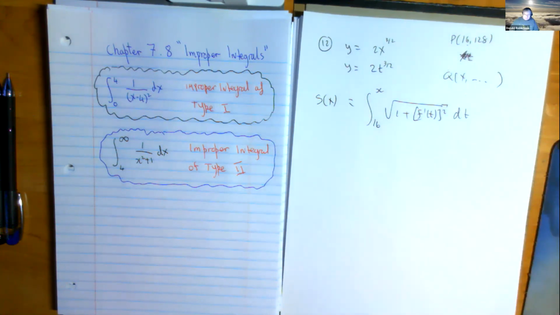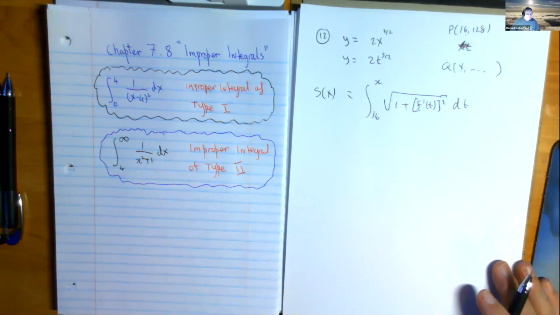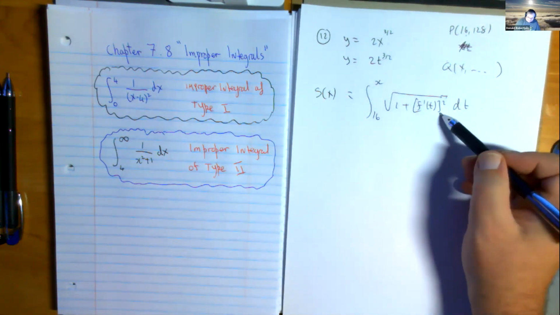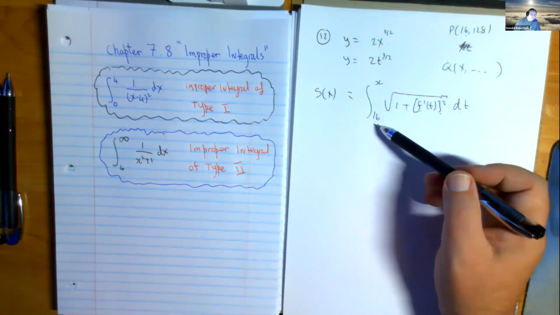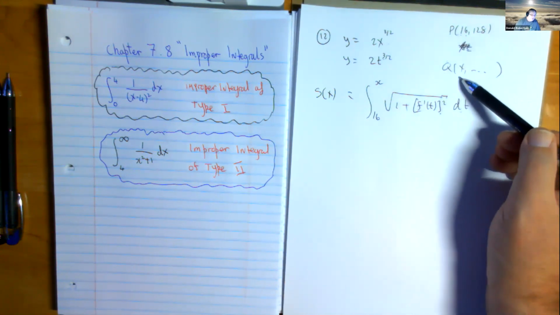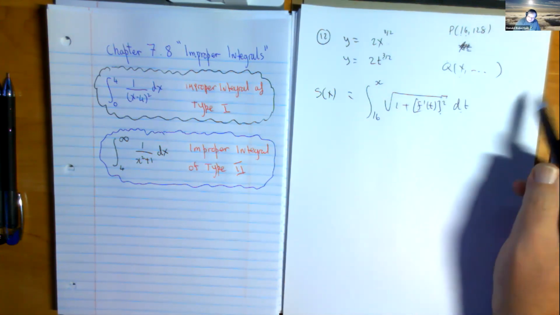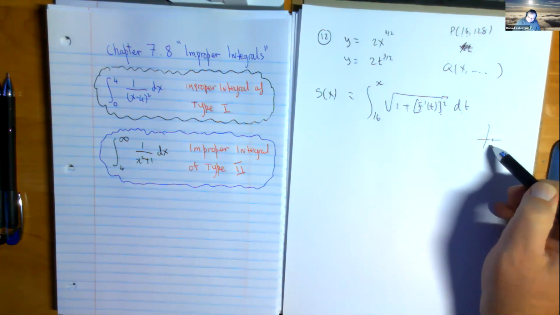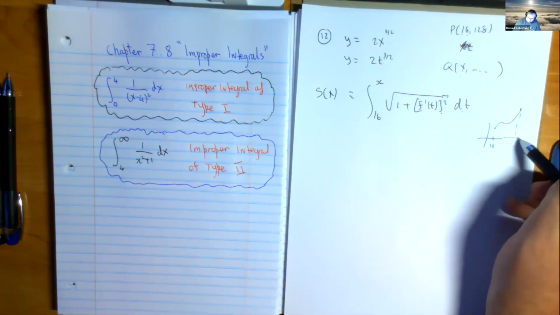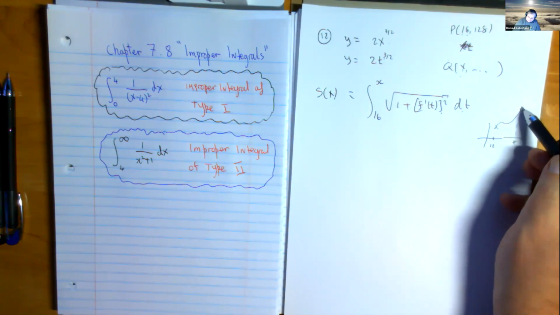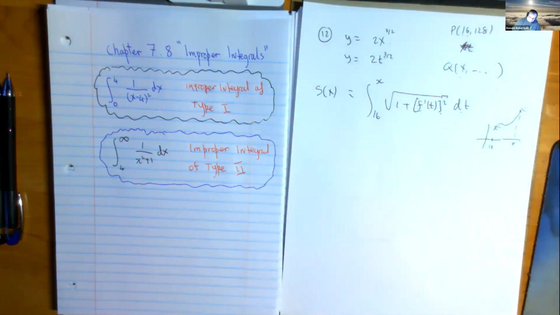That's basically it. So it's the same arc length function. We're just going to have limits of integration from 16 to some arbitrary point x. So if you imagine this was 16, you started there and you finish x, it tells you that distance there.